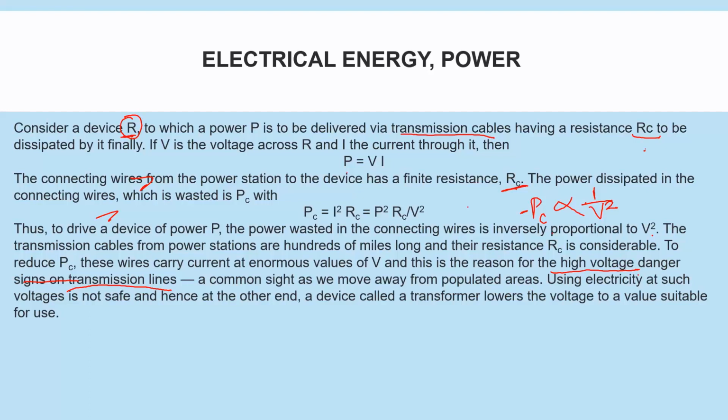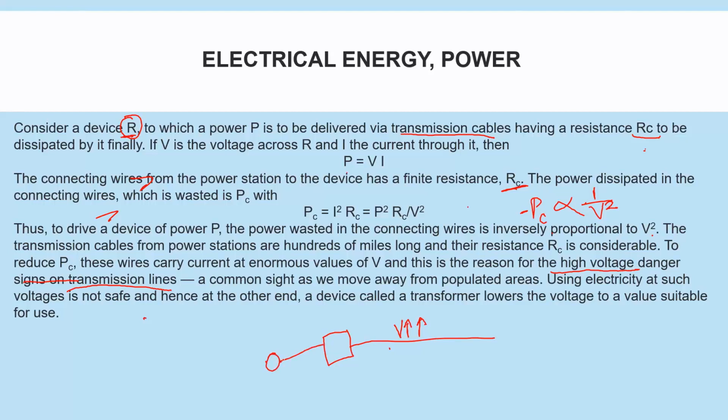Using electricity at such voltages is not safe. The power is transmitted through cables to a transformer. This voltage is very high, but this high voltage current is not supposed to be used by our small appliances.